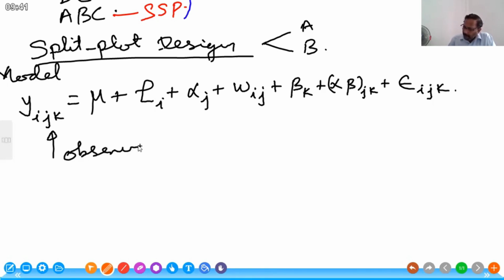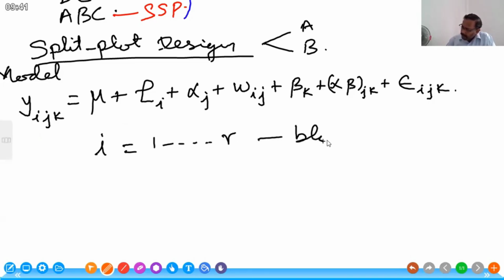Observed value of. Tell me what is a y_ijk, observed value of. So before we say that, we define the i, j, k. Yes, give me a second. We will define what is i. i is from 1 up to r.